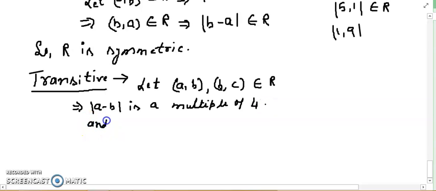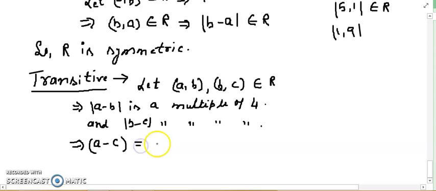And b minus c is also a multiple of 4. So this implies if you take a minus c, which is equal to a minus b plus b minus c, which is also a multiple of 4.